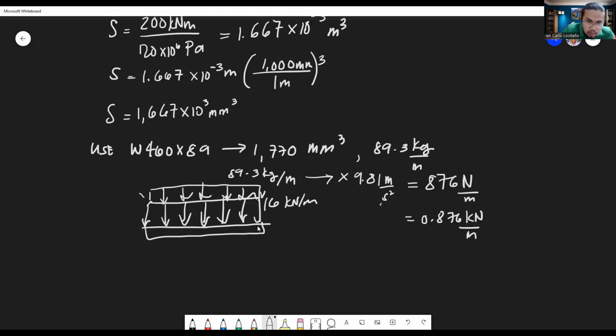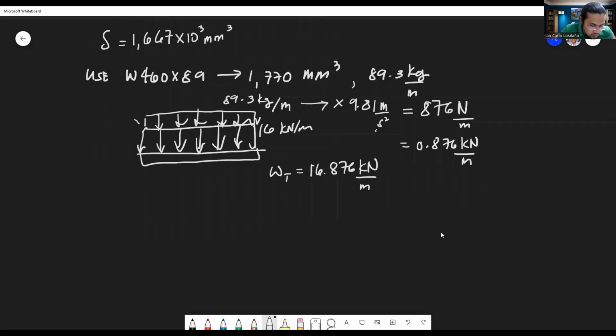So the total load is going to be 16.876 kilonewton per meter.